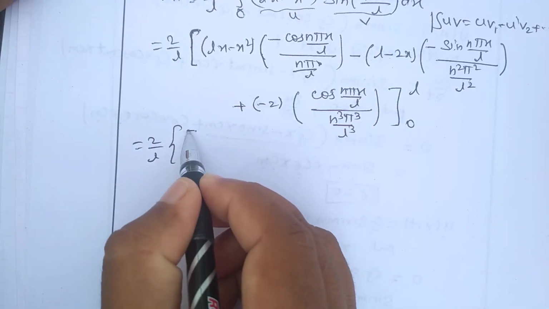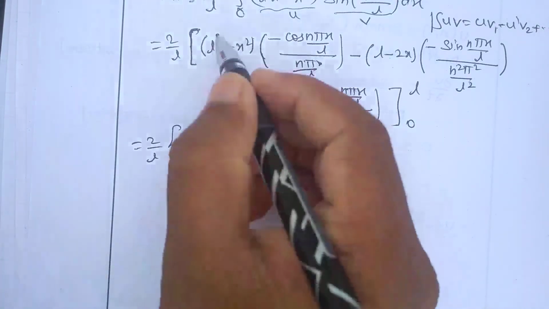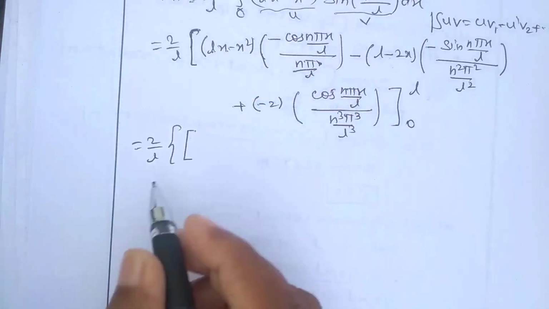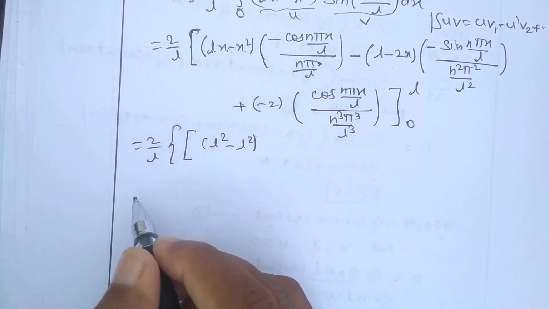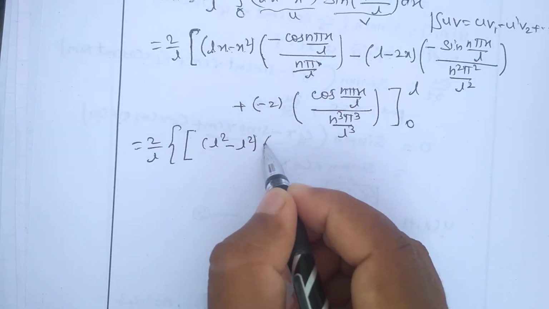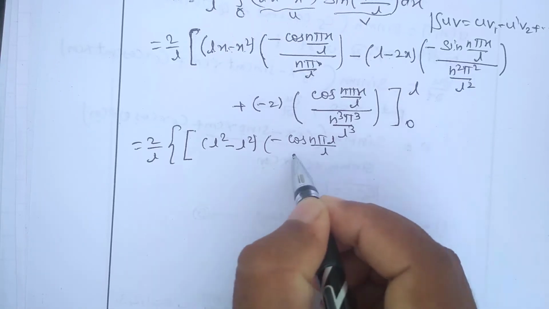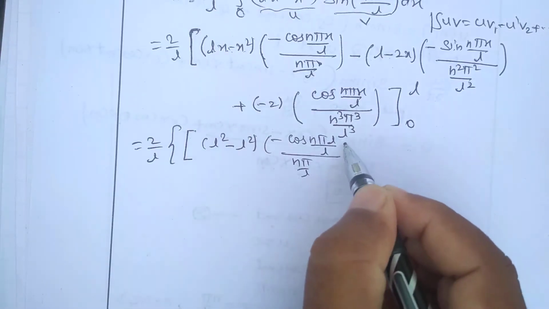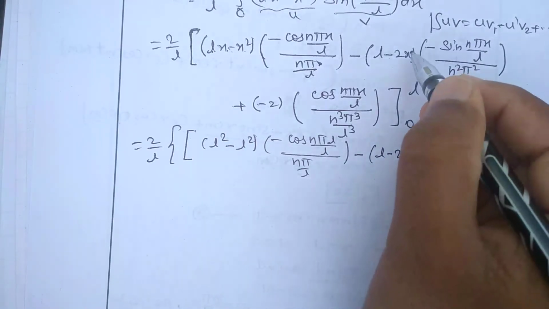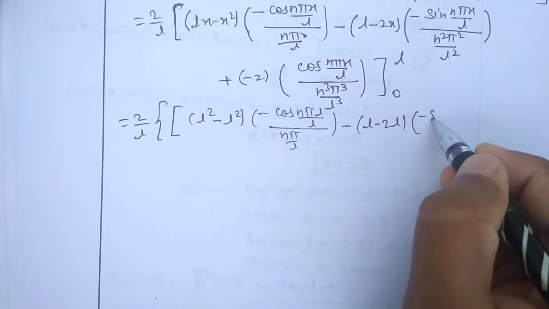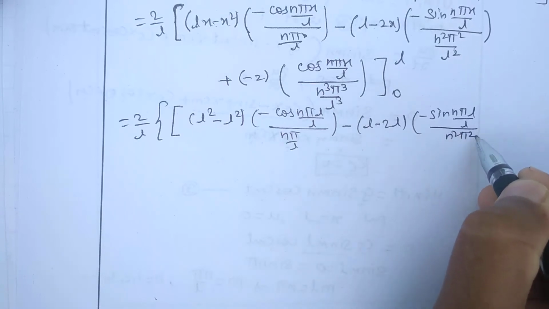In that I am using round bracket for the upper limit L. So you have to put x is equals to L. See here, L into L, that is L square minus L square into minus cos of n pi by L upon n pi by L, minus here L minus 2L, x is equals to L, into minus sin n pi by L upon n square pi square by L square.